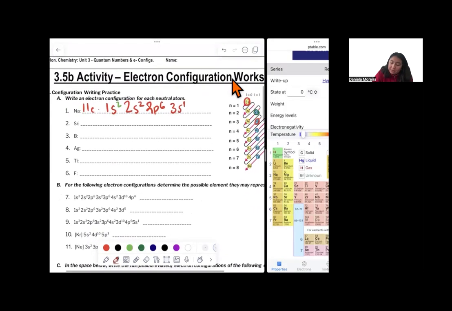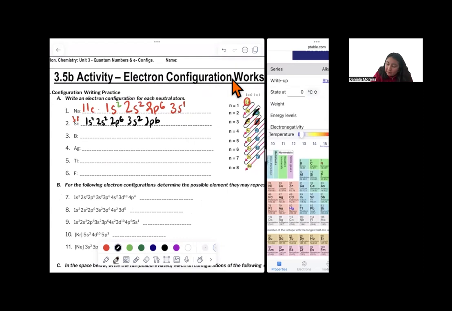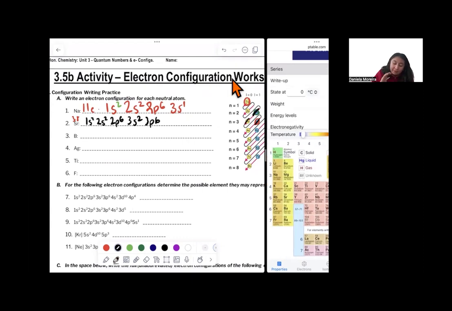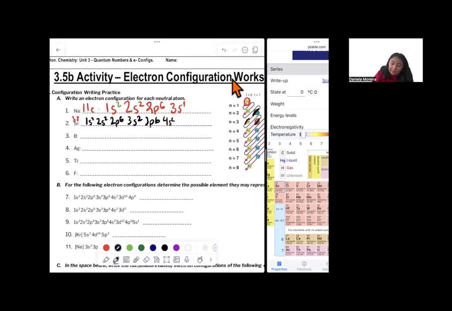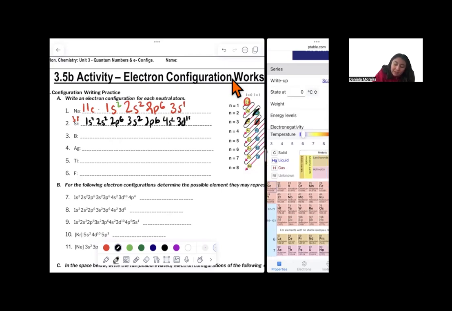For strontium, strontium has 38 electrons, so we'll have to keep filling up. It might not fit very well. So 1s2, 2s2, 2p6, 3s2, 3p6. Now we're at argon, so we need to keep counting. 4s2, then we fill up the 3d10.